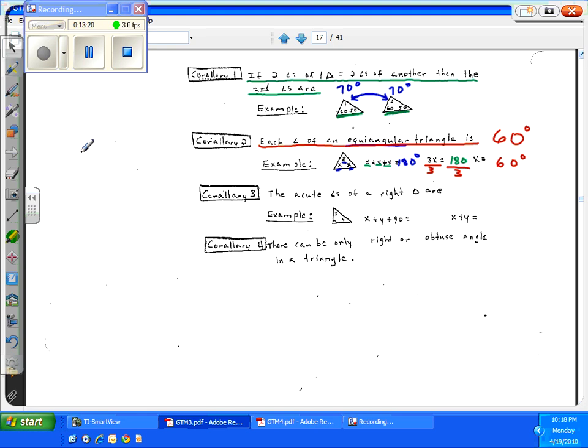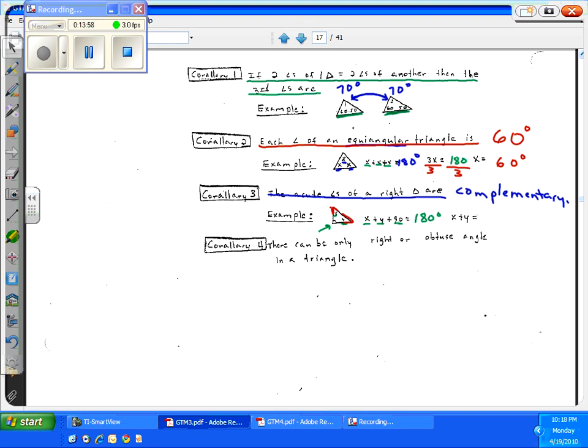We can quickly prove also that the acute angles of a right triangle are complementary. And remember that complementary angles are two angles whose measures have the sum of 90. So in this diagram, angle x and y plus the right angle, which is 90, would have to add up to 180. X and y are acute angles. So we would say that these are the acute angles of this right triangle.